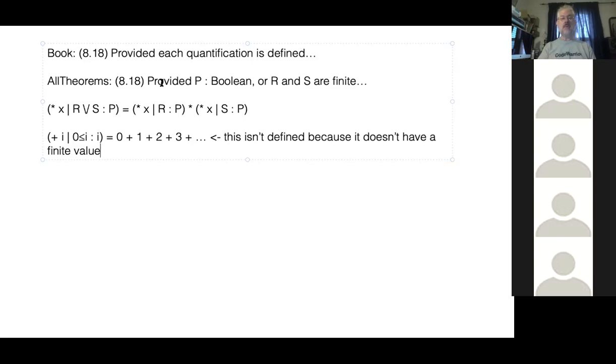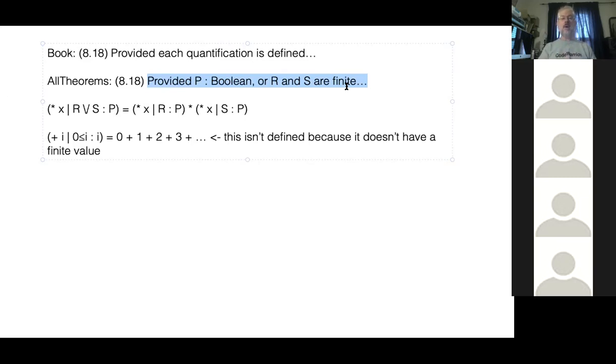And that's where this provided P is Boolean or R and S are finite. Now, this is really overly strict. You can have defined quantifications that don't have these properties. But again, I think that's beyond our pay grade, and Warford was just trying to simplify things down to the cases that were most likely to come up in the book.